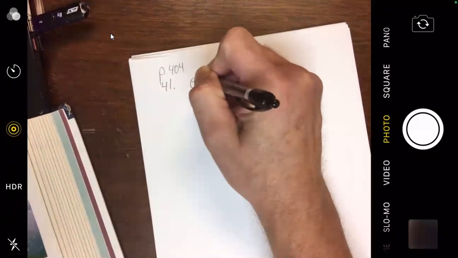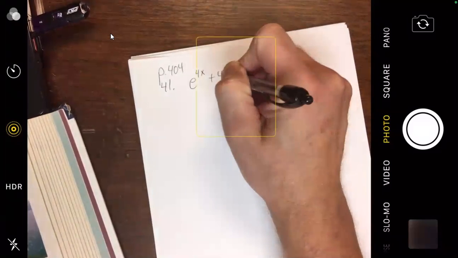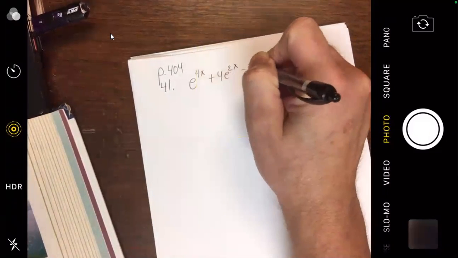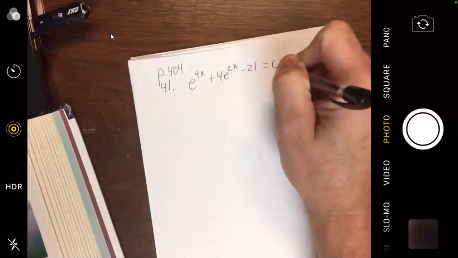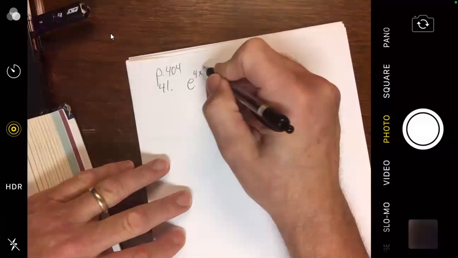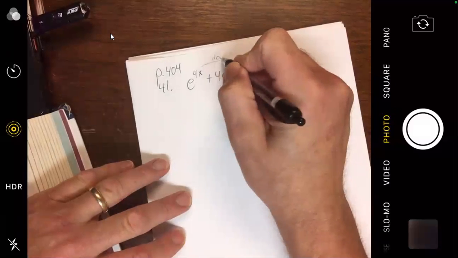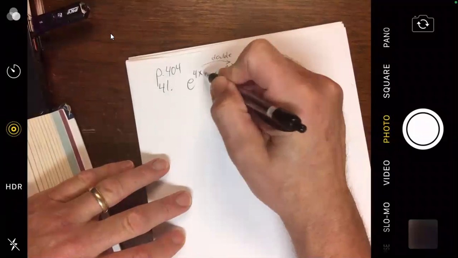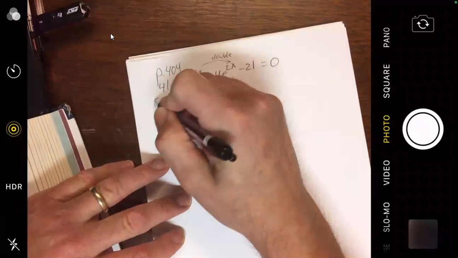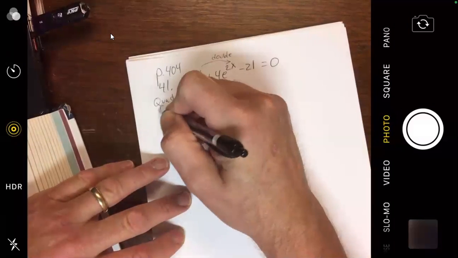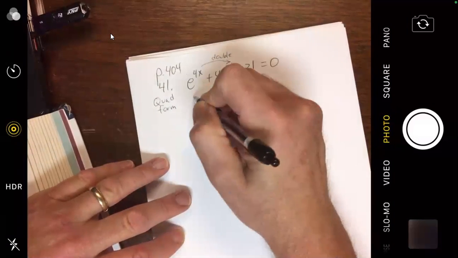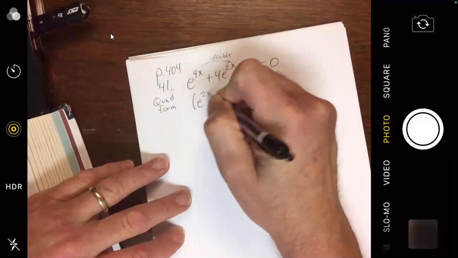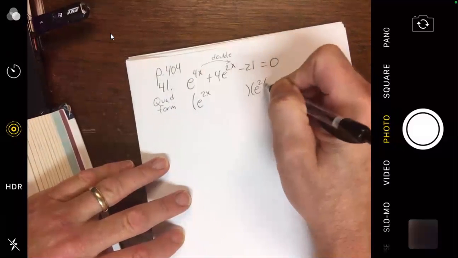e to the 4x plus 4e to the 2x minus 21. If you watched the 12 p.m. video, when this power doubles this, it's a quadratic form. And you can factor it as an e to the 2x and e to the 2x.